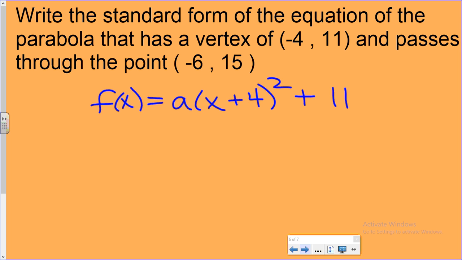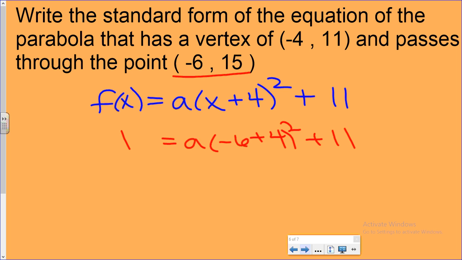Okay, if we have this coordinate here that is on the parabola, it should satisfy the equation. So if we plug it in, we should be able to figure out what our a value is. Okay? So let's do that. Negative 6 would be our x value.